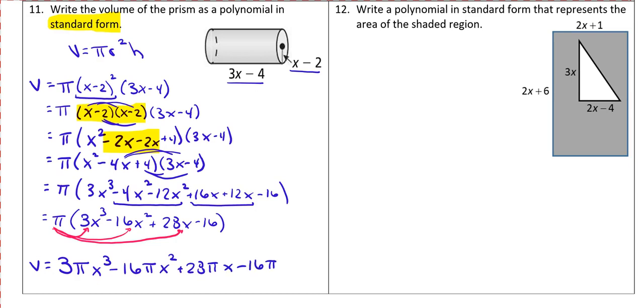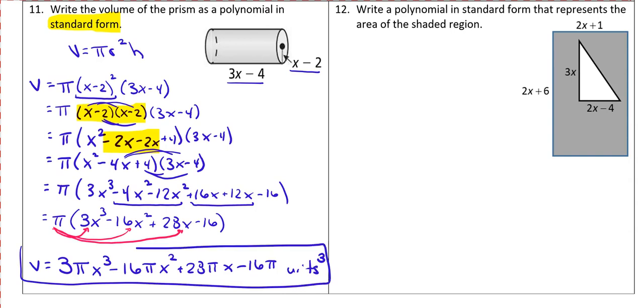And because this is volume, whatever the units are, we are going to cube them. Volume is cubic units. So that would be our volume right there. So 3 pi x cubed minus 16 pi x squared plus 28 pi x minus 16 pi.